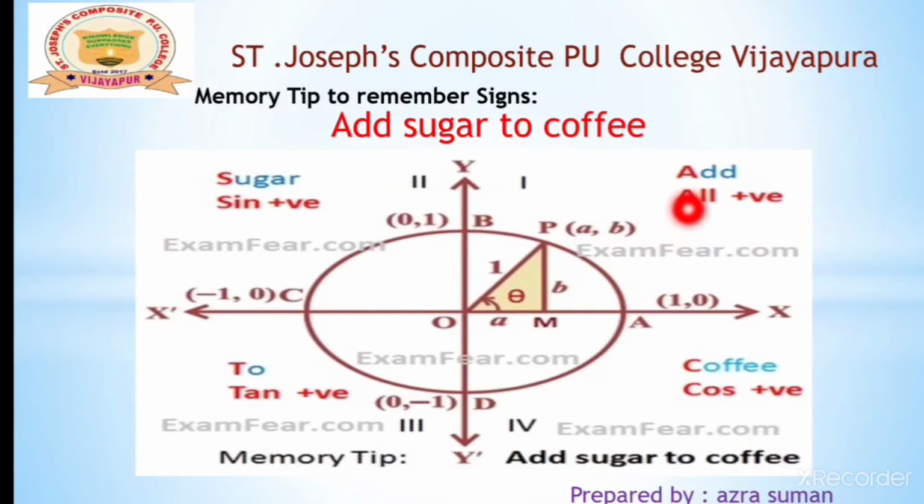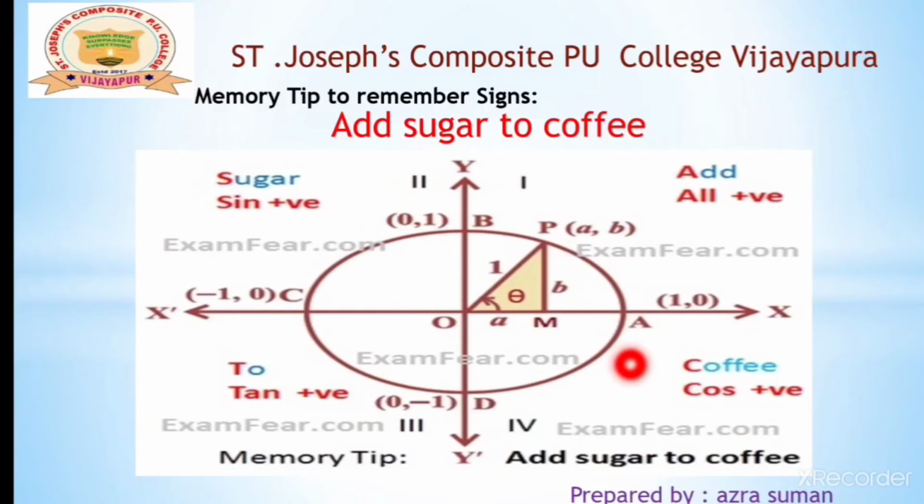A means all positive, S means sine positive, T means tan positive, C means cos positive. So to remember this, we use the trick statement, add sugar to coffee, or the ASTC rule.